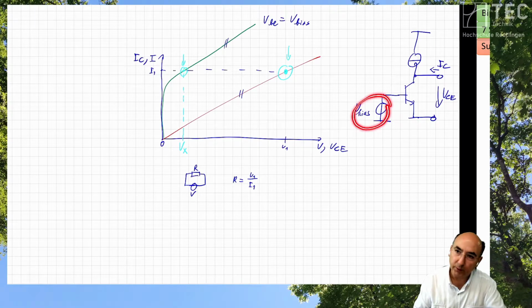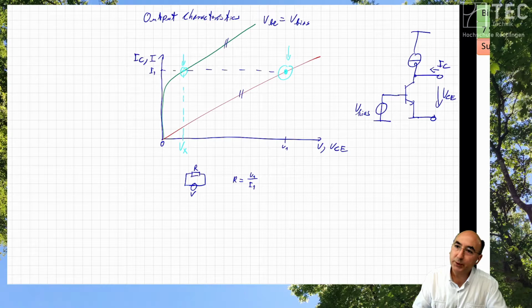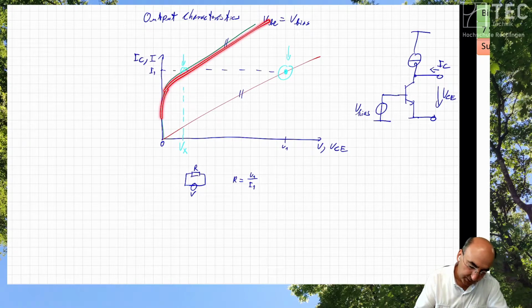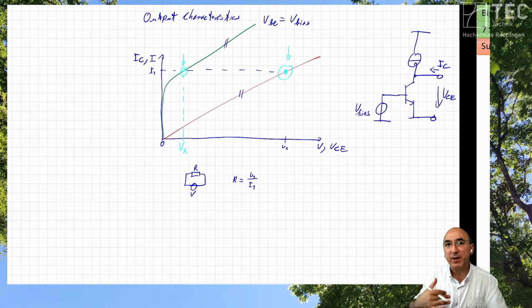So you keep the voltage at the base constant, and you do a certain sweep of these two parameters. And the sweep of these two parameters gives you the so-called output characteristics. And these output characteristics give you, for instance, this one, and then you see that you have much less voltage drop for the same effect of a large resistance.